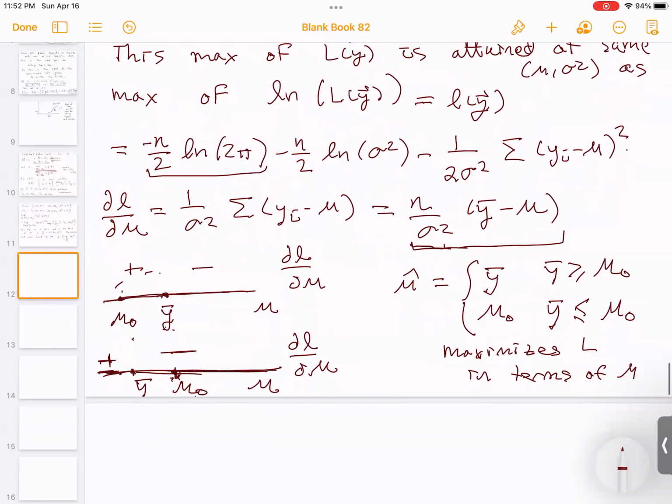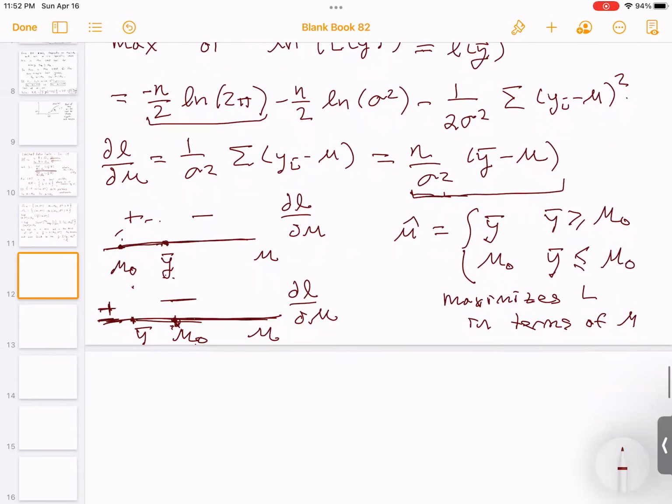No matter what sigma squared is. And that's very nice. Okay, now to do sigma squared, it's just a repeat of the other problem. We've substituted mu hat in here, and now mu hat's known, and we want the MLE of sigma, or sigma squared.